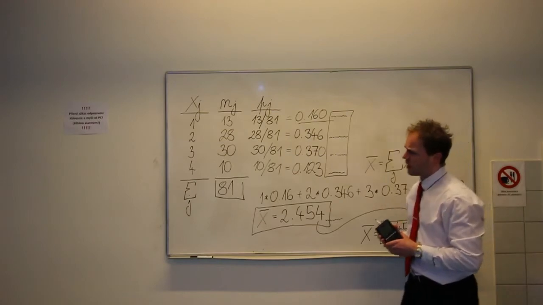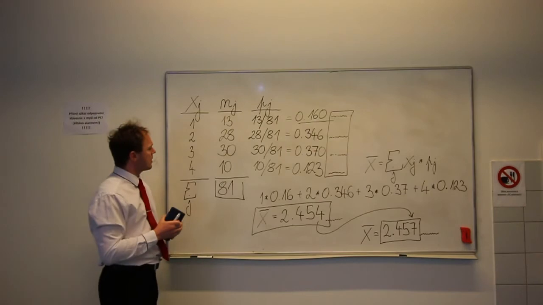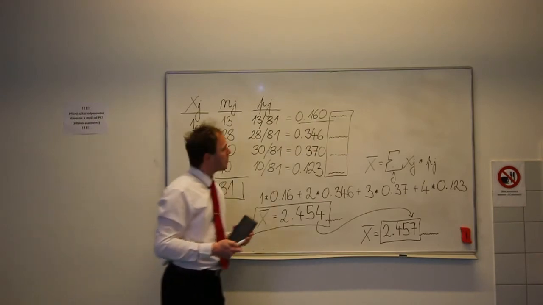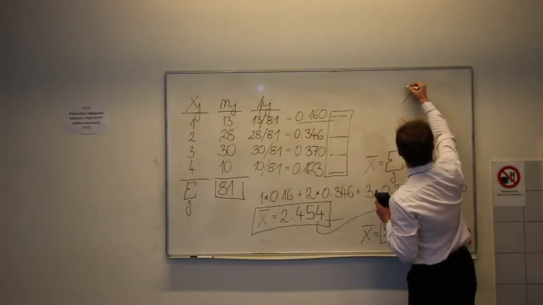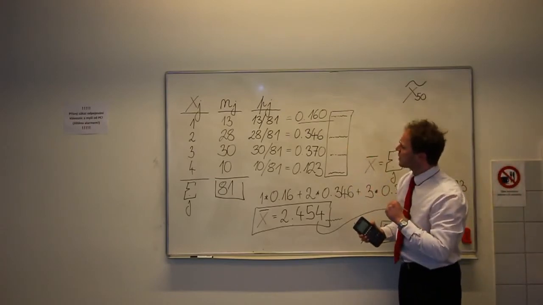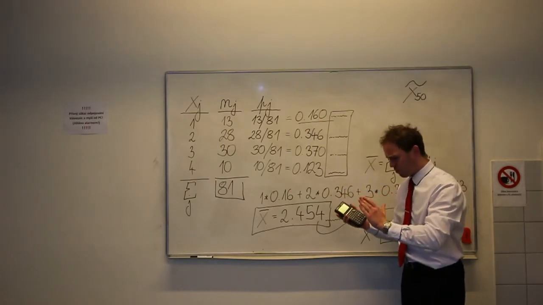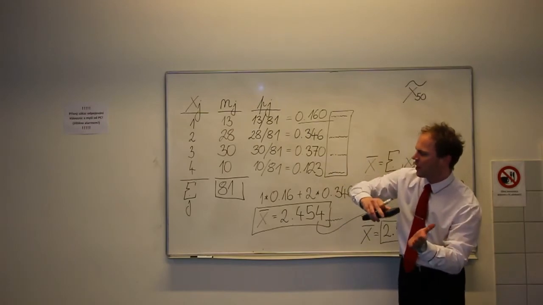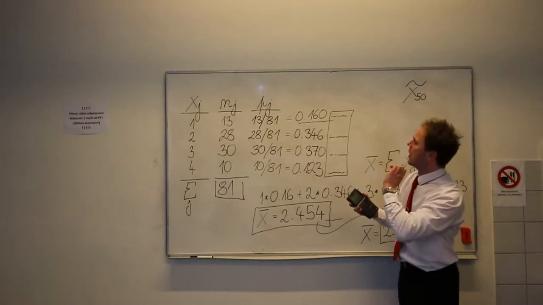Okay, so what else? We have to do median and mode. What is the median? x50 with wave. The median divides the statistical sample into 2 groups. One group of values is below the median, and one group of values is above the median.